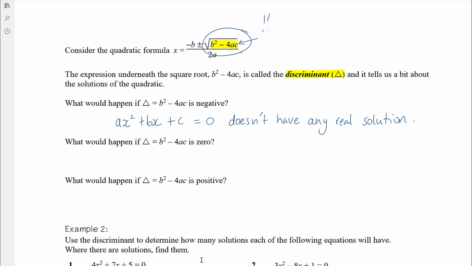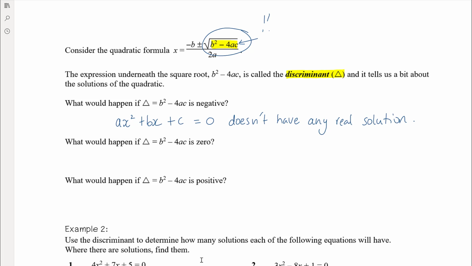It is possible to get a non-real or an imaginary solution, but that's something you will look at in specialist maths and above only. For our intents and purposes, in terms of the real number system, which is what we work in, there is no solution. But technically speaking, we would say there's no real solution.